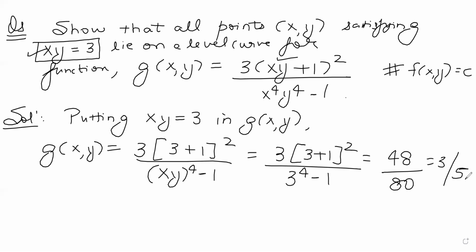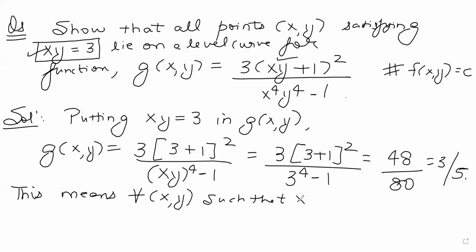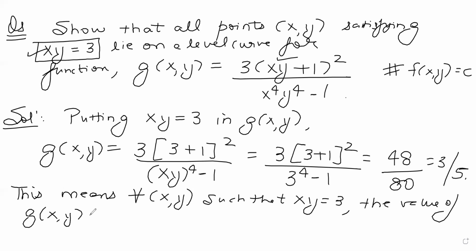So how do I interpret this? This means for all the pairs x comma y such that xy is 3, the value of g of x, y is a constant equal to 3 by 5.